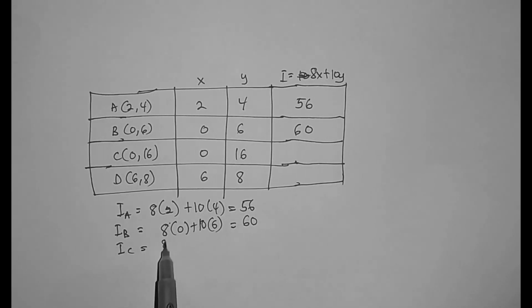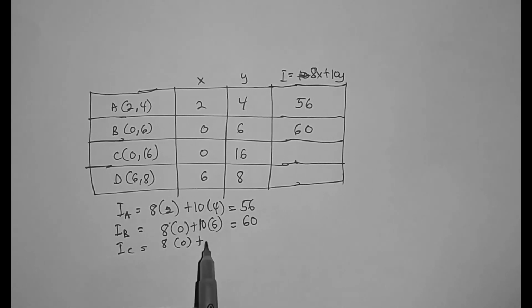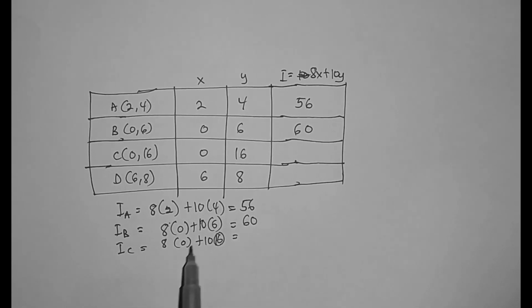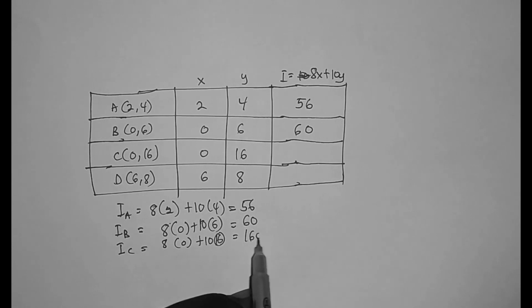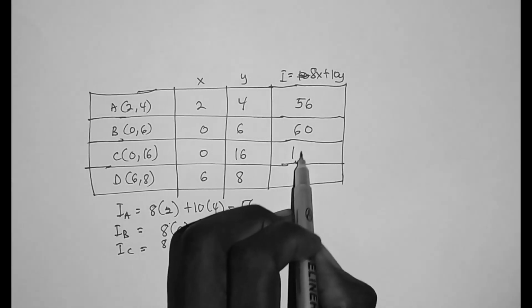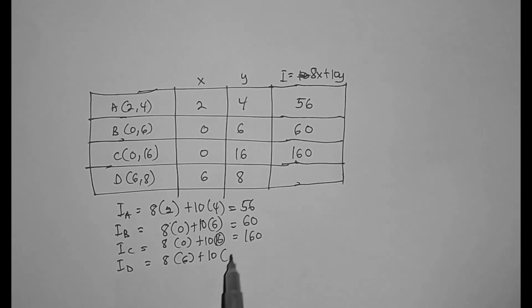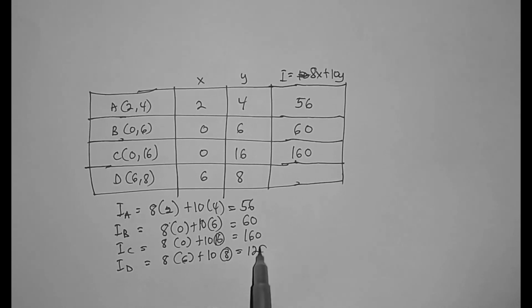I of c becomes 8 times 0 plus 10 times 16. 8 times 0 is 0, plus 10 times 16 is 160. So here is 160. Then let's find the last one, which is I of d, and that is equal to 8 times 6 plus 10 times 8, and that is equal to 128.